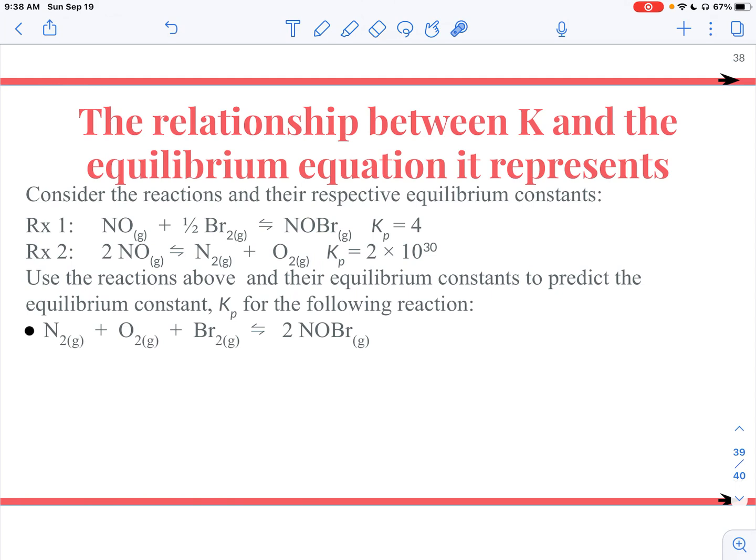So I'm going to start with N2. N2 shows up once up here, and it's right here. They're both coefficient of 1, so that's great. But the N2 up here is after the arrow, so I'm going to need to flip this one.